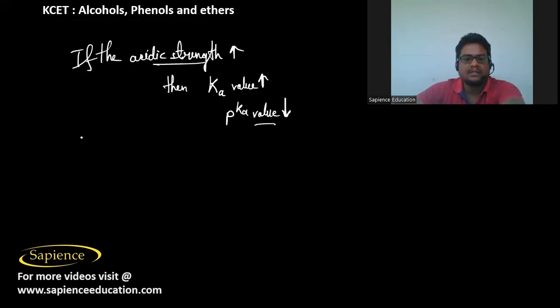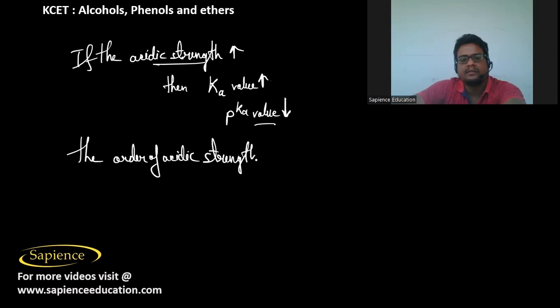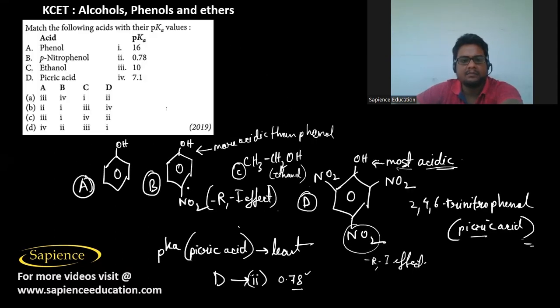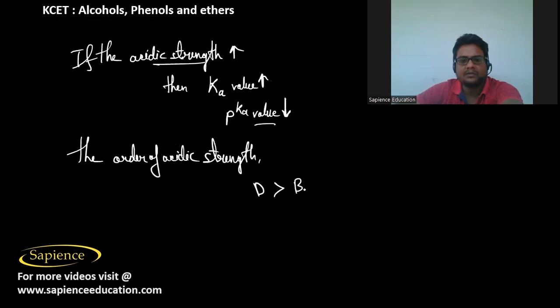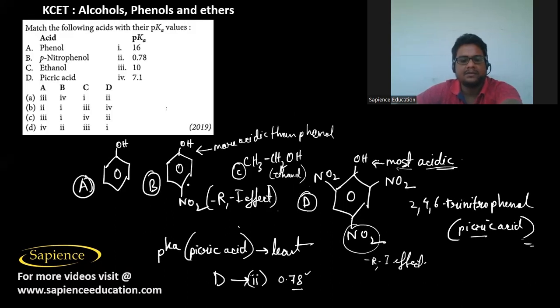So the order of the acidic strength will be: picric acid will be highest. Then we will have paranitrophenol, so B. Then we have the phenol.